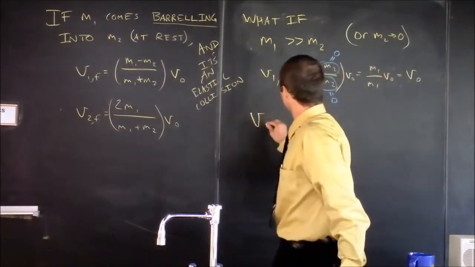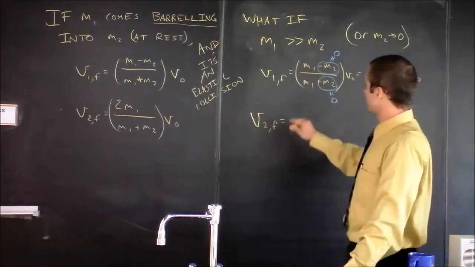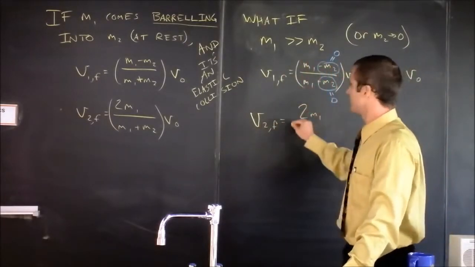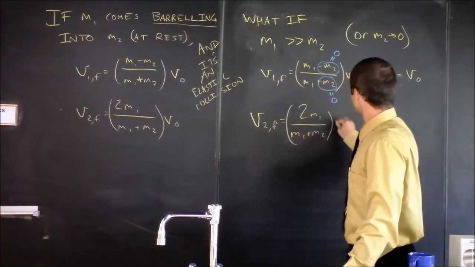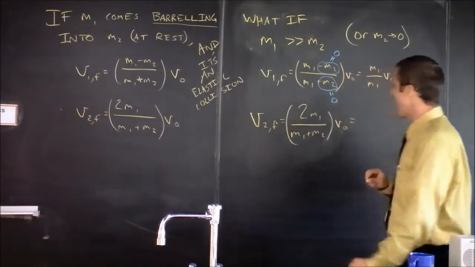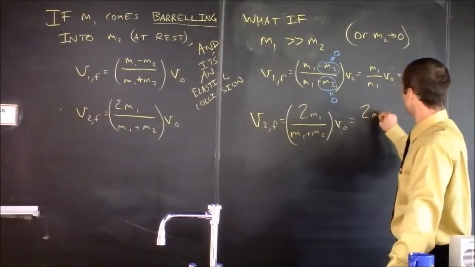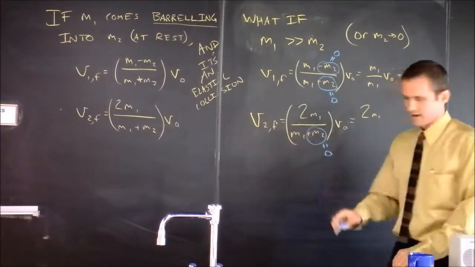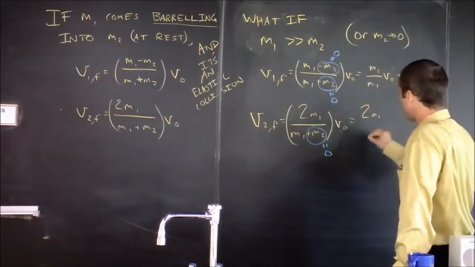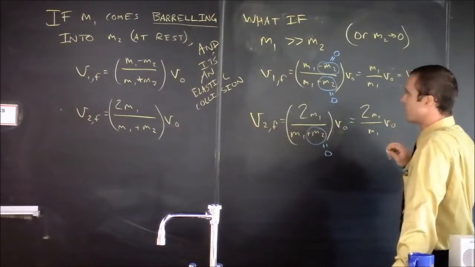However, I want you to consider what's happening to the final velocity of thing 2. Now we're supposed to do this equation, 2 times m1 over m1 plus m2 times v naught. And notice that if m2 goes to 0, we have 2 times m1. Let me circle what's going to 0 here. That guy's 0 right there. 2 times m1 over m1 times v naught.